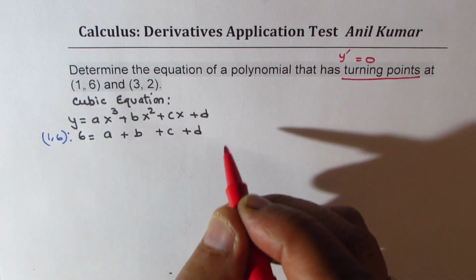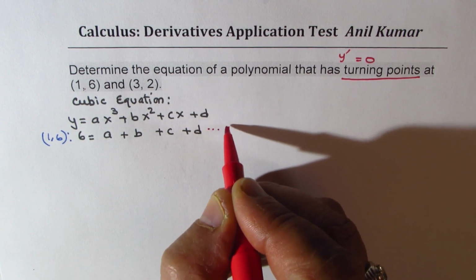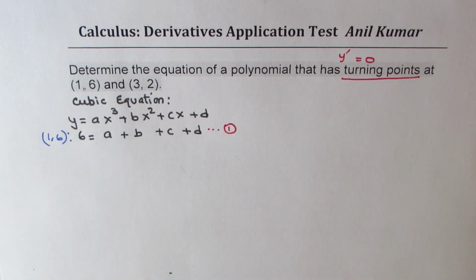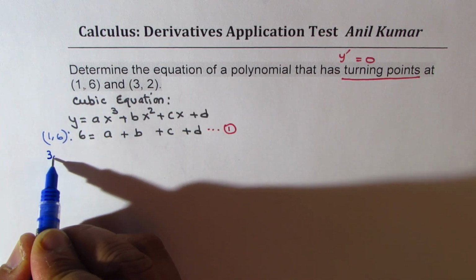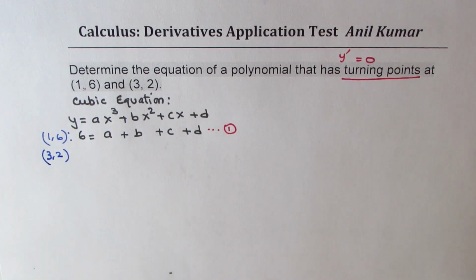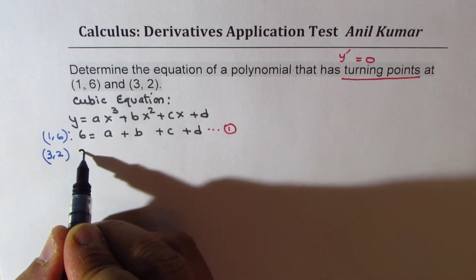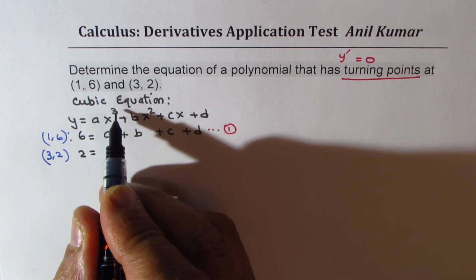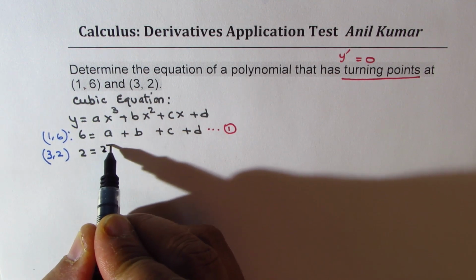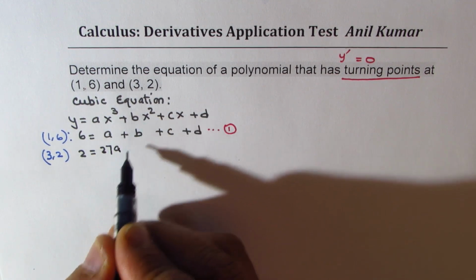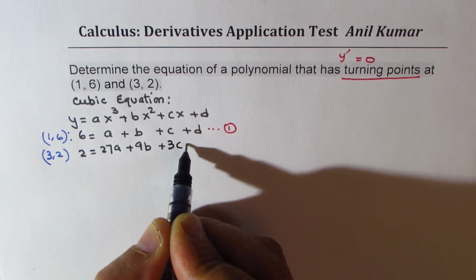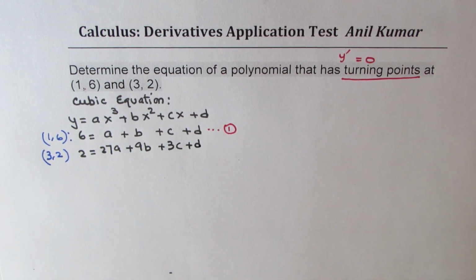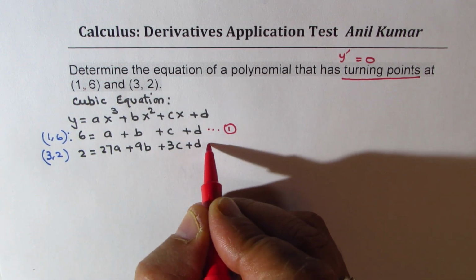I'll call this our equation number 1. Now let's substitute 3 and 2. That means x value is 3, y value is 2. So we get 2 equals, 3 cubed is 27, so we get 27a plus 9b plus 3c plus d. And we'll call this our equation number 2.